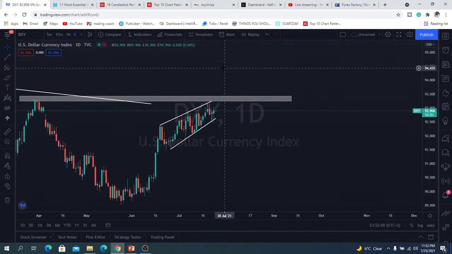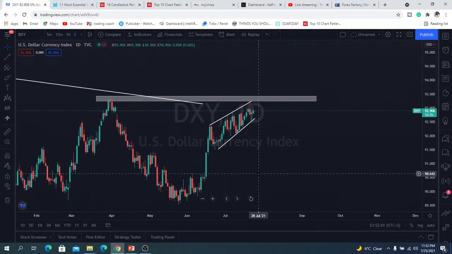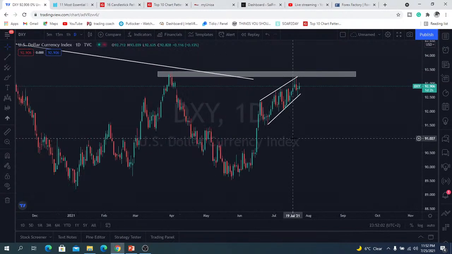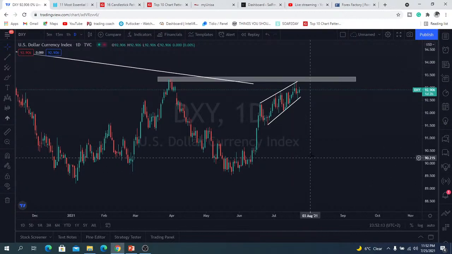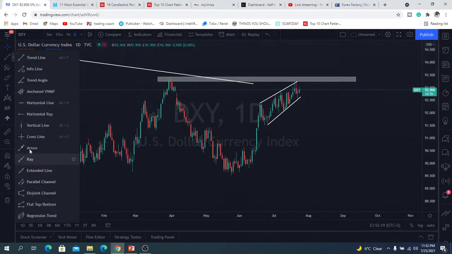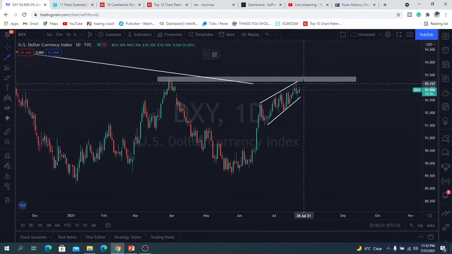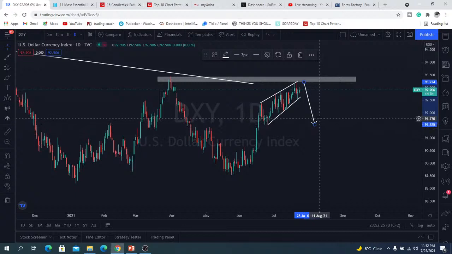So based on reversal patterns, if you don't know reversal patterns, you can Google them. If you need guidance on patterns, you can hit me up and I will assist you. Based on reversal patterns, I'm seeing this one here failing to break the resistance. It might continue going down like that.